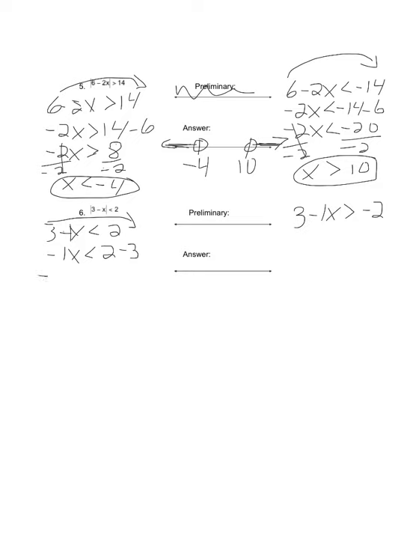Okay, negative 1x less than 2 minus 3. What's 2 minus 3? Negative 1. Last step. Divide by negative 1. Beep, beep, beep. Bells and whistles. Flip the inequality. Negative 1 divided by negative 1 is a positive 1. Box it, square it, rectangle it, whatever.